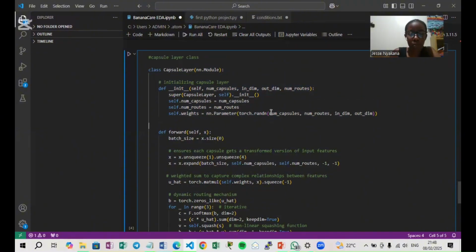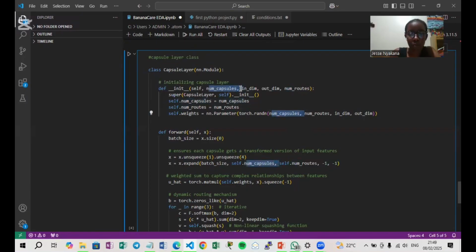We have the number of capsules here that are in the network. Num capsules shows the number of output capsules, and the output capsules represent different bacterial symptoms like lesions, yellowing or bacterial streaks.